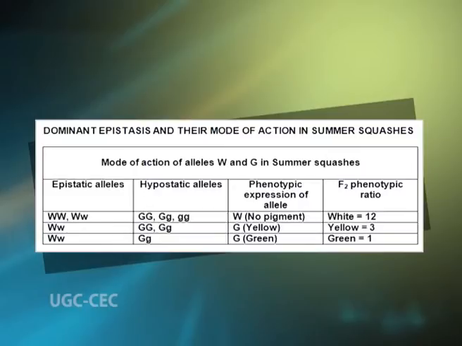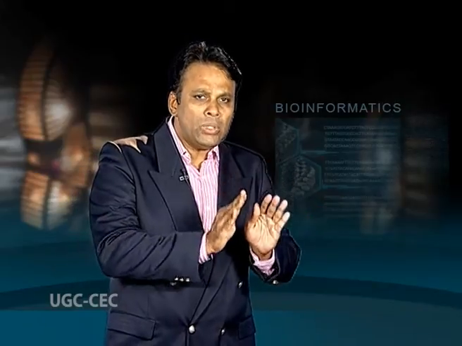In summer squash, white colored fruits are produced by a dominant epistatic allele capital W. Another dominant epistatic allele capital Y at another locus produced yellow summer squash and its allele small y for green fruits. Sometimes in this case several genes contribute to the expression of a phenotype as part of a biochemical pathway.